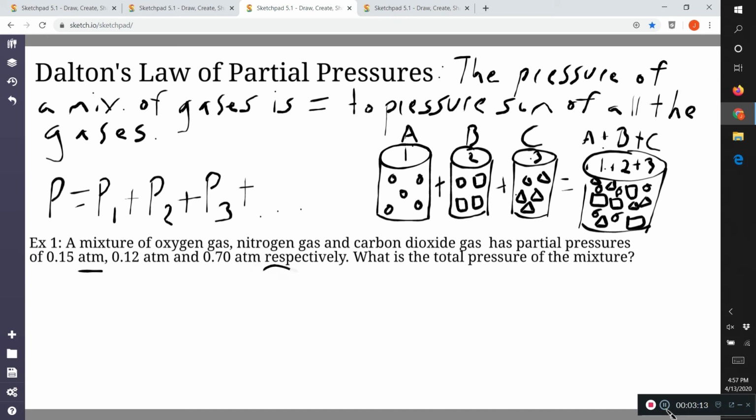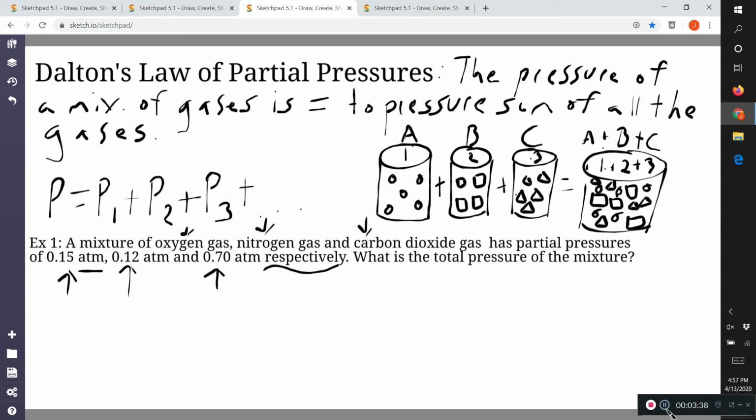This word respectively, in case you haven't ever used this before in a problem, means they're in the same order. So the first gas listed was oxygen, the first measurement listed was 0.15. The second one listed was nitrogen, the second measurement was 0.12, so that's our nitrogen. And the third one listed is carbon dioxide, so we have 0.70 carbon dioxide.